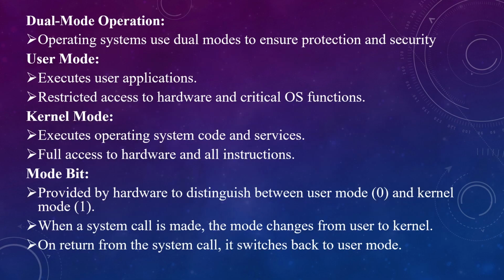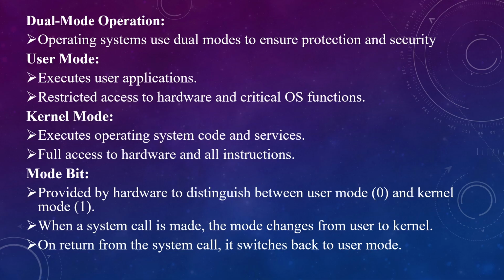We started with the definition of an OS, understanding it as the essential system software that acts as a bridge between the user and the hardware. Then we explored OS operations, including how it handles interrupts, exceptions, and process errors, and ensures system security and efficiency.